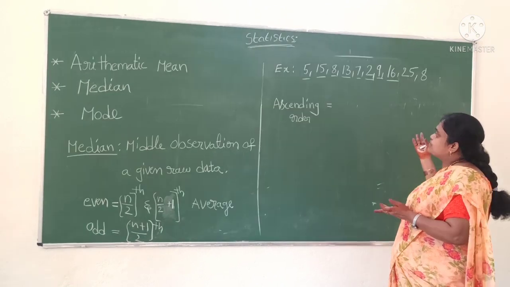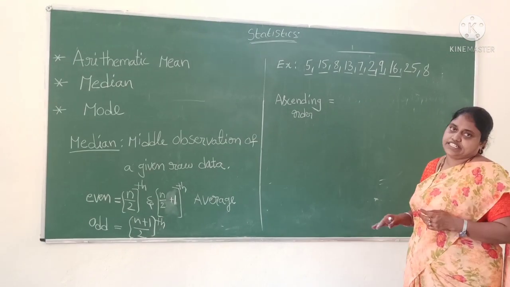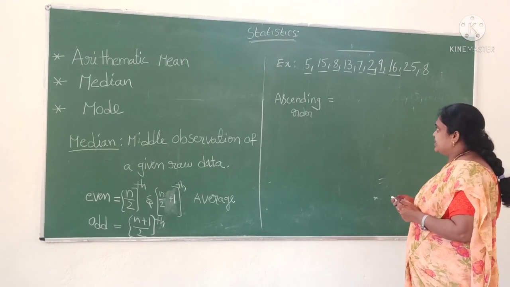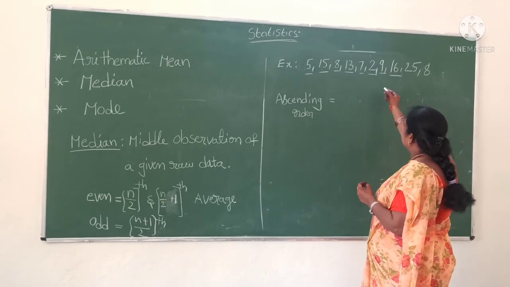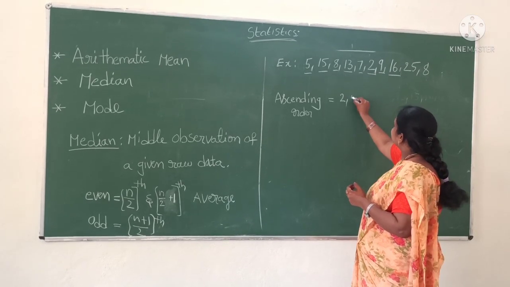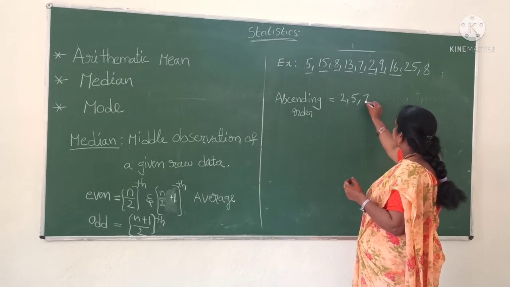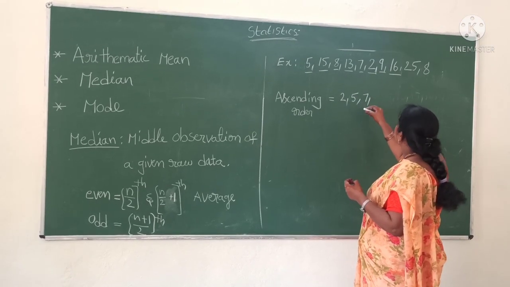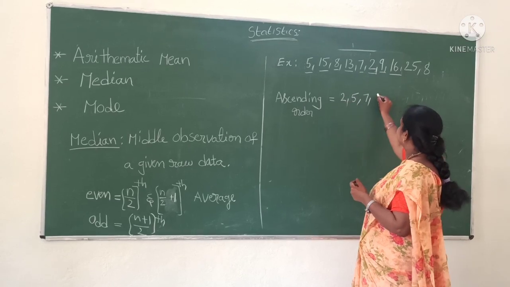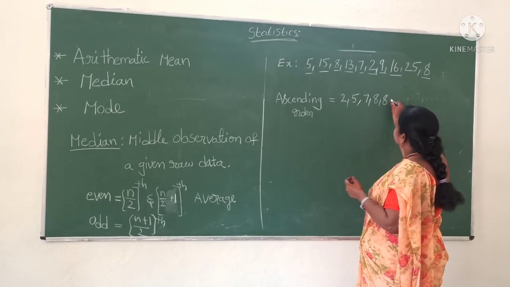Again we write these observations in ascending order. First we write 2, next one is 5, next one is 7. Then 8 is two times: 8 and another 8.